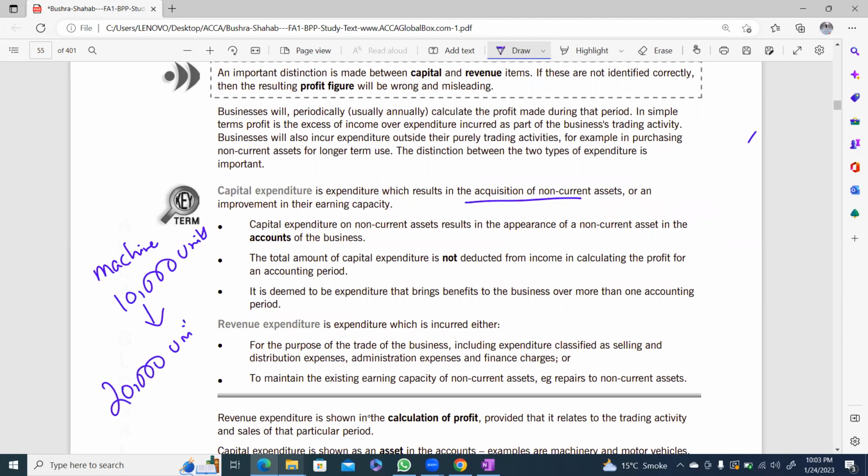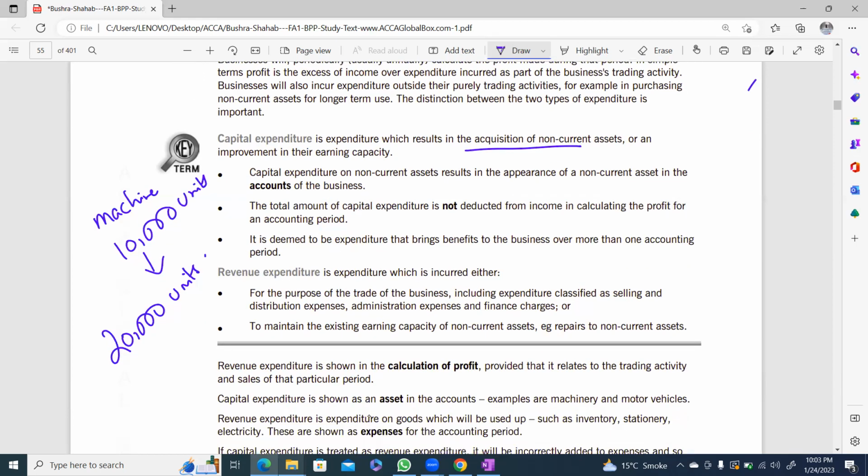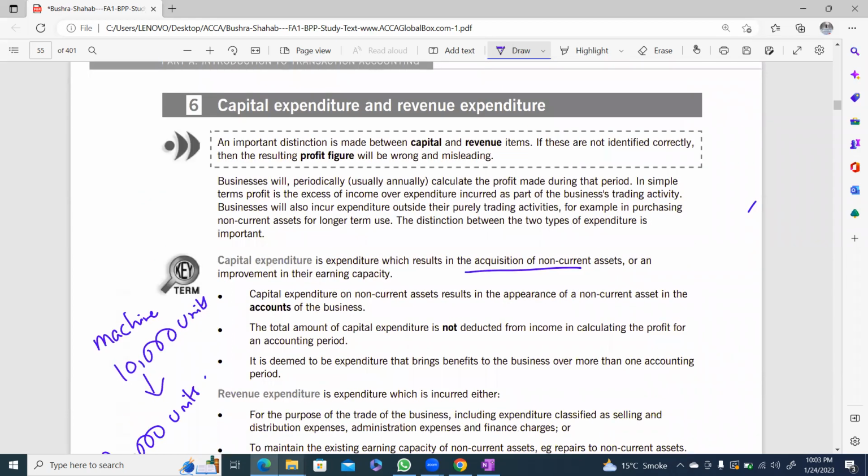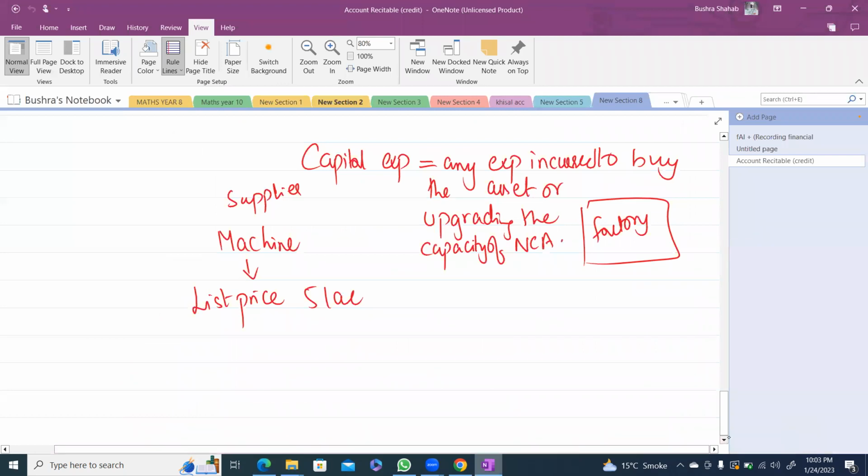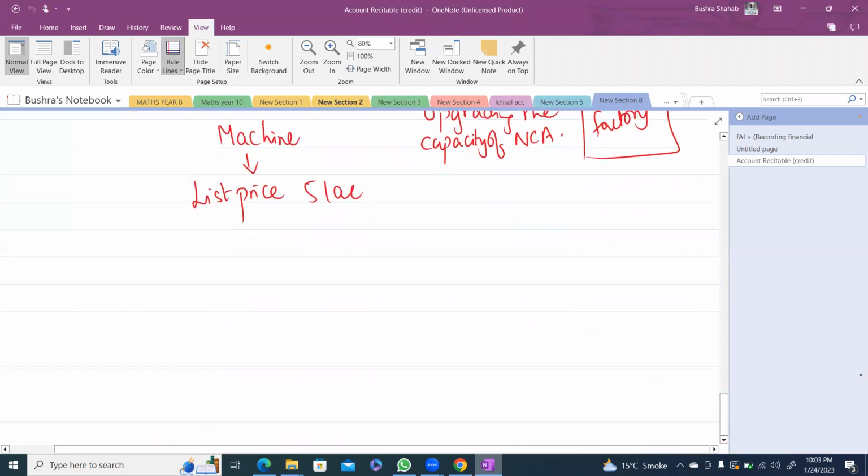So the expense that is incurred in upgrading that particular machine is a capital expenditure. If you're buying any non-current asset, that's also your capital expenditure.